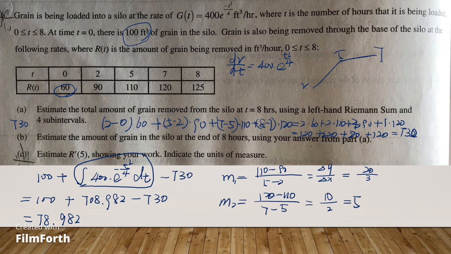Next step is to average them. So the average slope is 35/6.